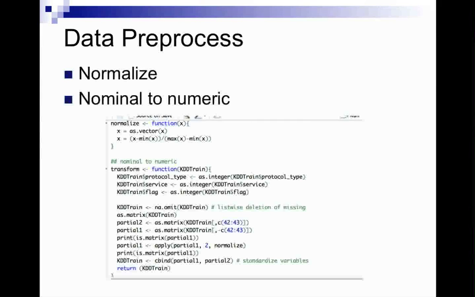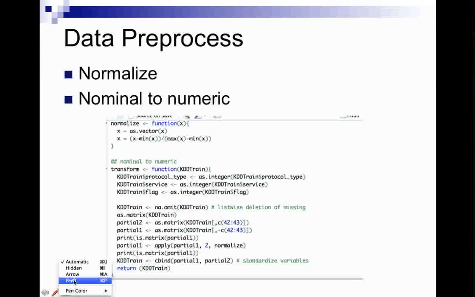So the first step, I need to transform some nominal to numeric values. And the second, I need to make my distance more meaningful, so I project my original numeric value to the values between 0 and 1.